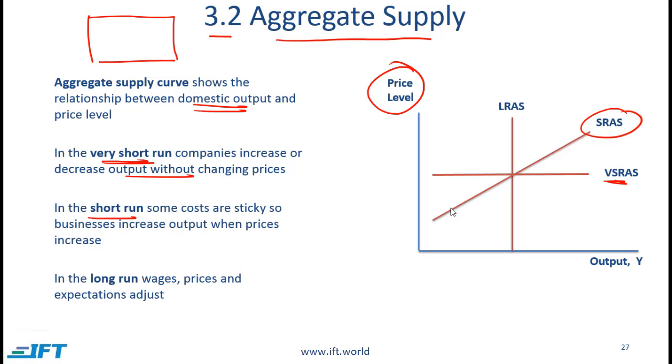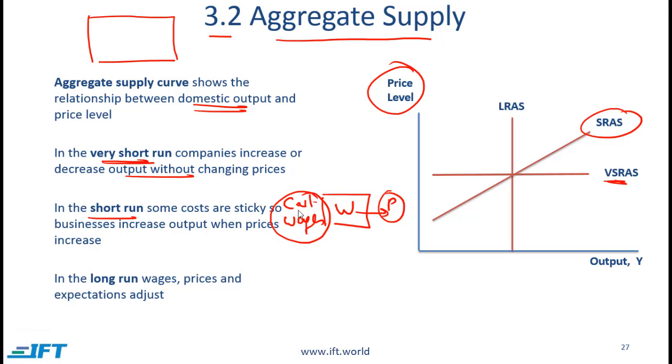And to understand this, think of yourself as a business owner. Let's say that you sell widgets and the price of widgets is up. So you can sell this at a higher price. In the short run though, most of your costs are sticky. In other words, let's say your costs include wages and rent and so on. And let's say that in the short run, these costs do not change much.